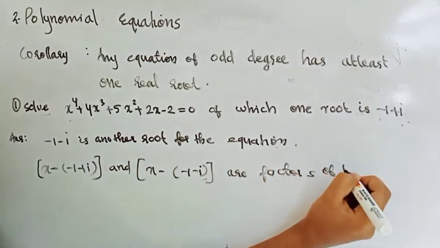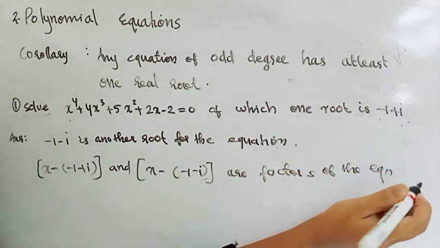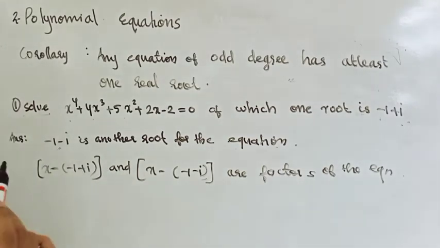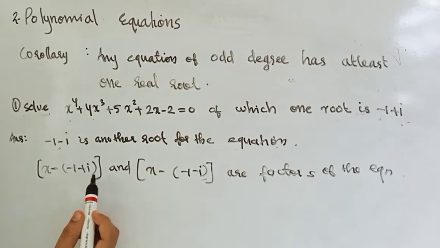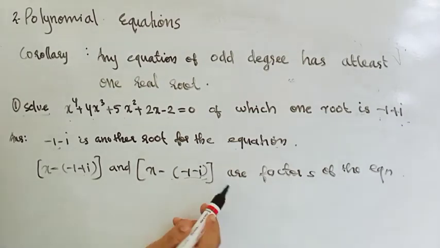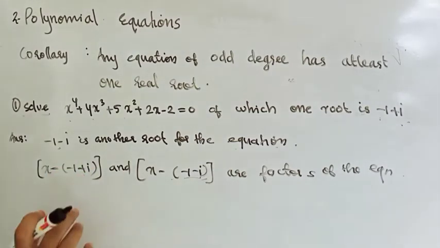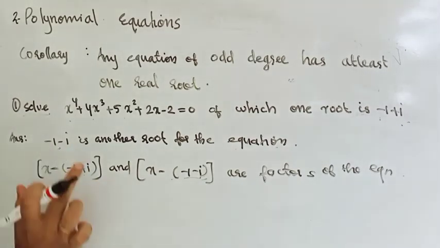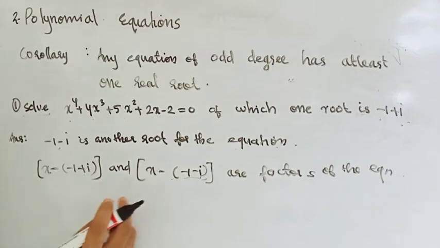Am I right? If minus 1 plus i and minus 1 minus i are the roots, then x plus 1 minus i and x plus 1 plus i will be the factors, right? And also the product of these two factors will be another factor for this equation, right? So we can multiply it.